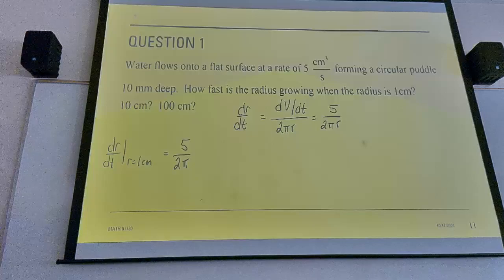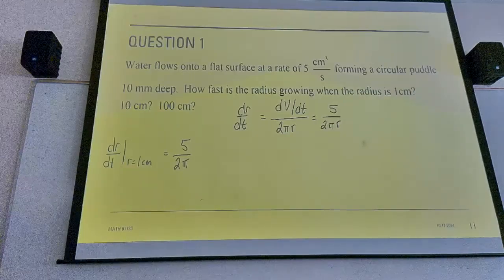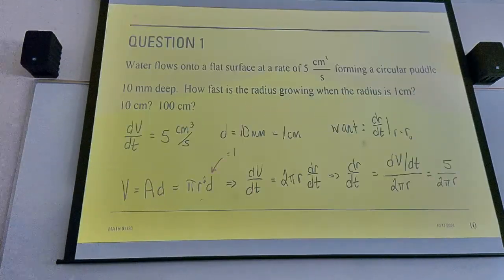Centimeters per second. There's a 1 centimeter in the denominator as well for the depth. I thought that was a constant. It is, it's a constant 1 centimeter. I got rid of it here because it's 1. But it is still technically there.